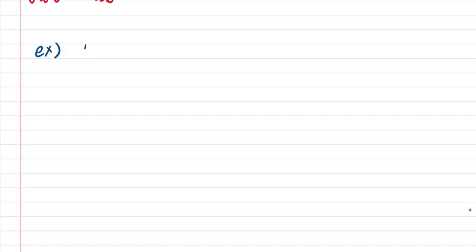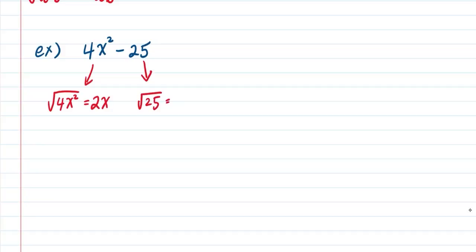This time it's 4x squared minus 25. So the first term, if you take the square root, 4x squared, it will be 2x. The second term, take the square root of 25, it's 5.